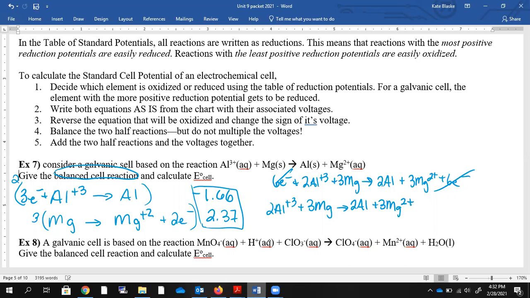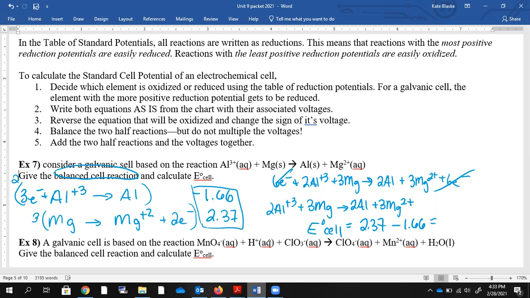Now to find the cell potential for this, we write this out as E0 cell. That 0 means we are at standard conditions. We'll talk about that a little bit more later. All I have to do is add these together the way they're written. So 2.37 minus 1.66 gives me, let's see, what would that be?